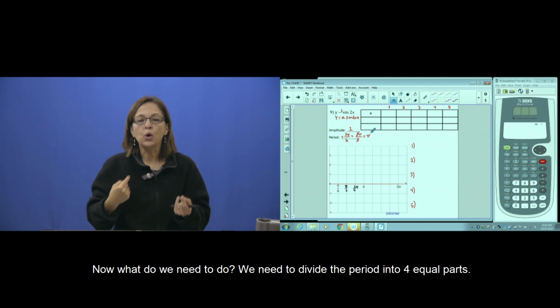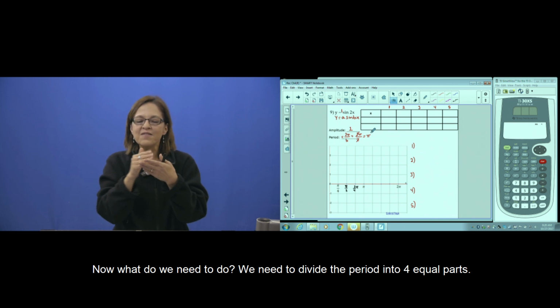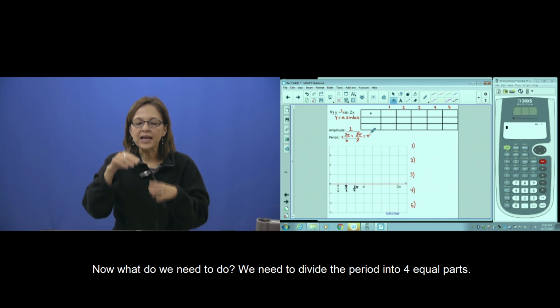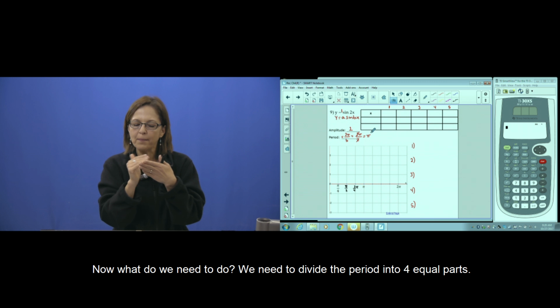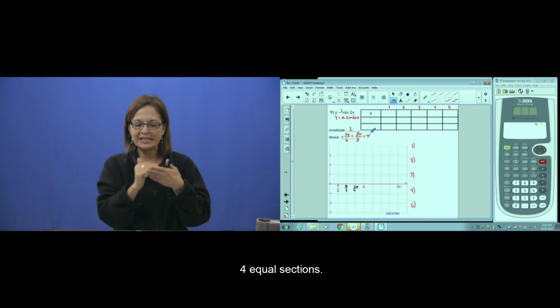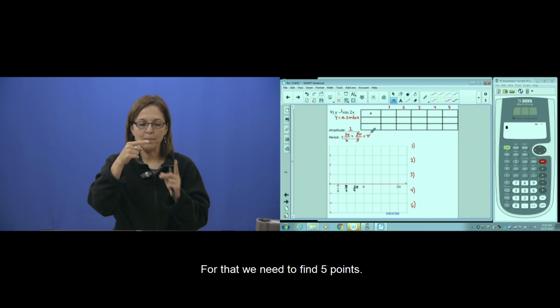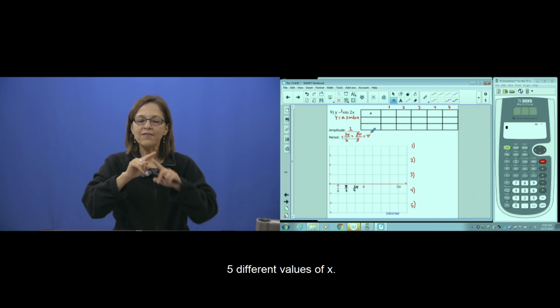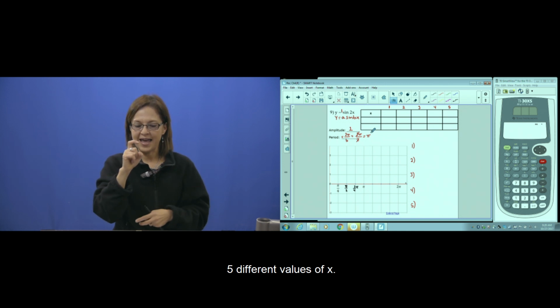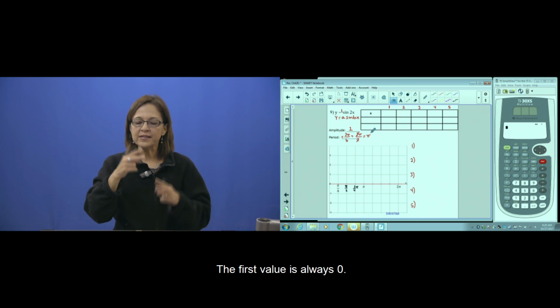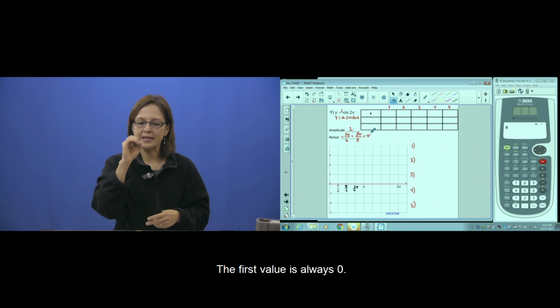Now what to do? We have to divide the period in 4 equal parts, 4 equal sections. For that, we have to find 5 points, 5 different values of x. The first value is always 0.